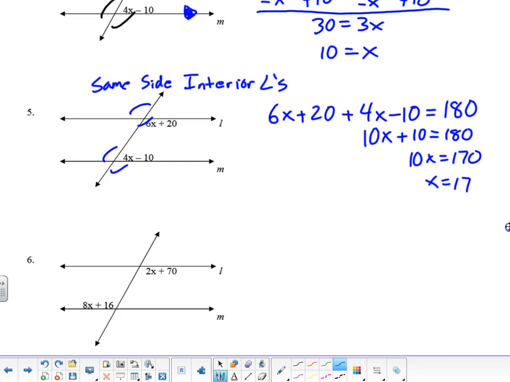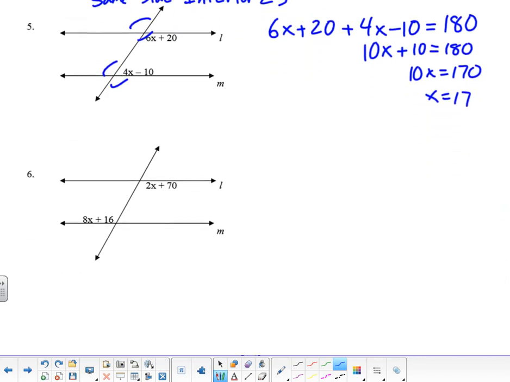Okay? All right, and then our last one for this one, we got these angles, mark, mark, alternate interior, mark, mark. So these are, again, alternate interior angles. And when the lines are parallel, those two angles are going to equal each other.